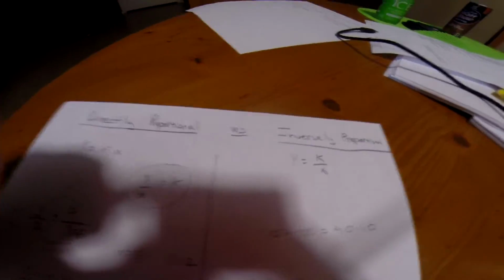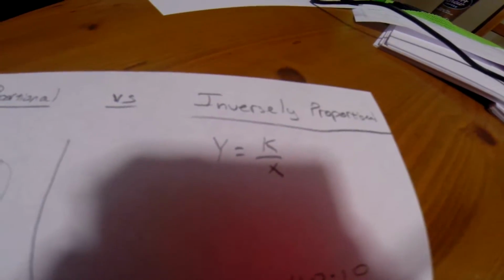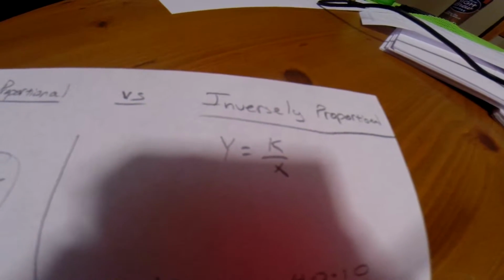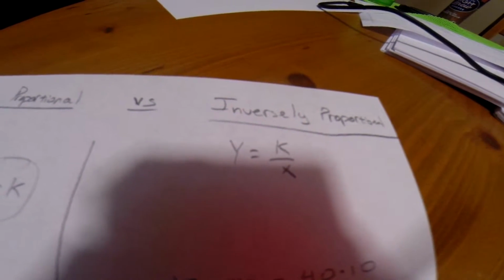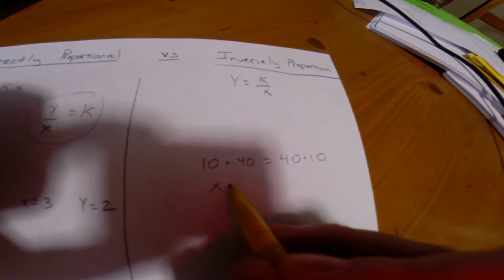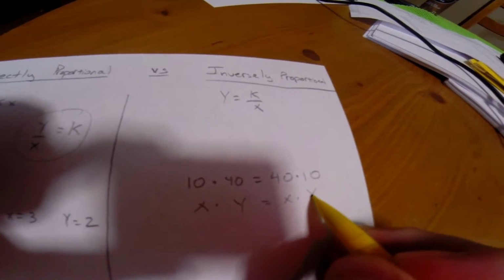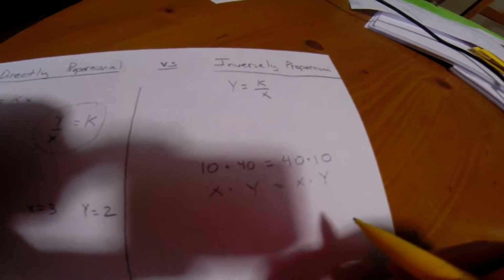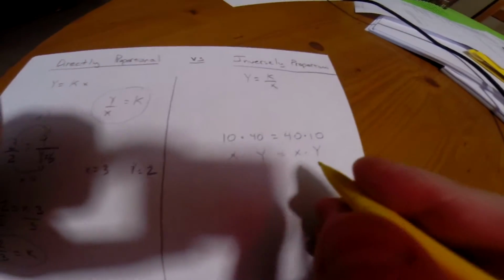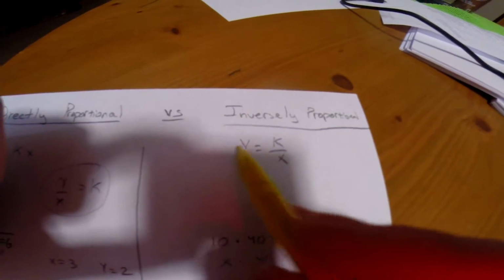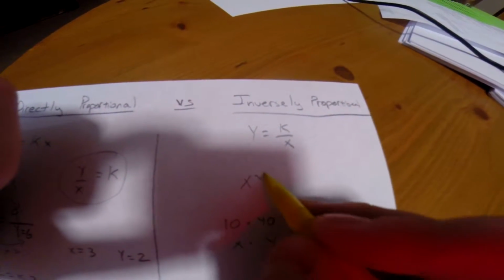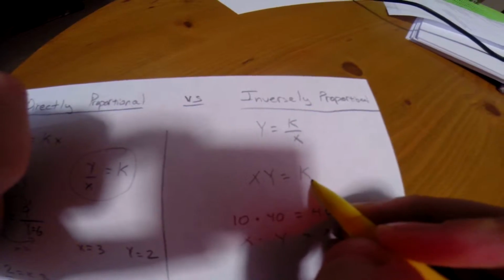The other version would be if it's inverse, right? Which is y equals k over x. Let's look at this situation here. I can't remember what I called x and y from this, but let's just say this is x and this is y. Let's look at what happens if I multiply both sides by x. I would get x times y equals k.